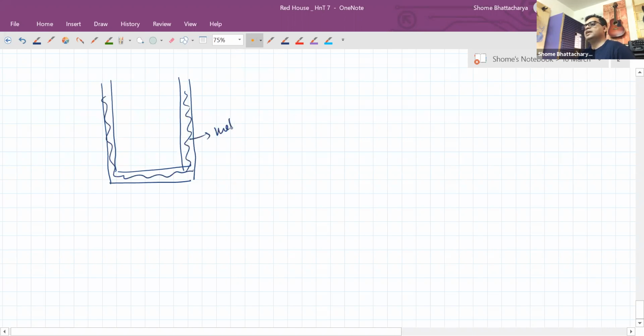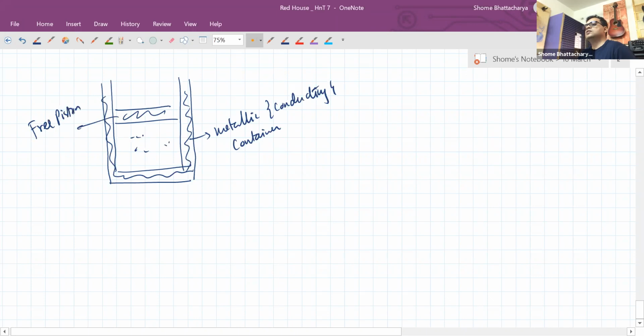Let's say this is a metallic container, and we have a free piston which we can load with some kind of material like sand or concrete or whatever. So if the mass m is slowly increased, what will happen?